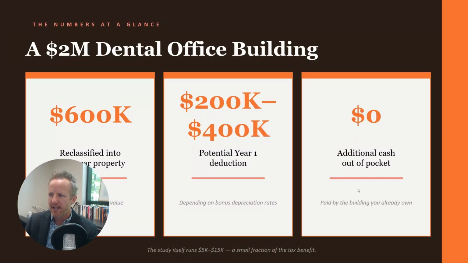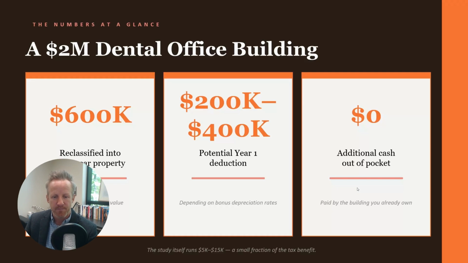Okay, let's look at an example. A $2 million dental office building. The numbers at a glance. $2 million dental office building. $600,000 of the $2 million, you'd complete a cost segregation analysis.